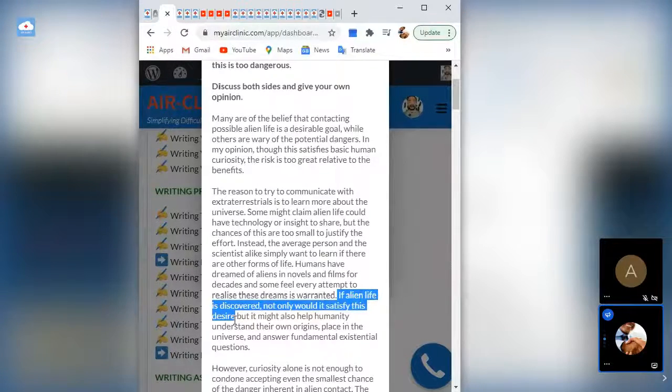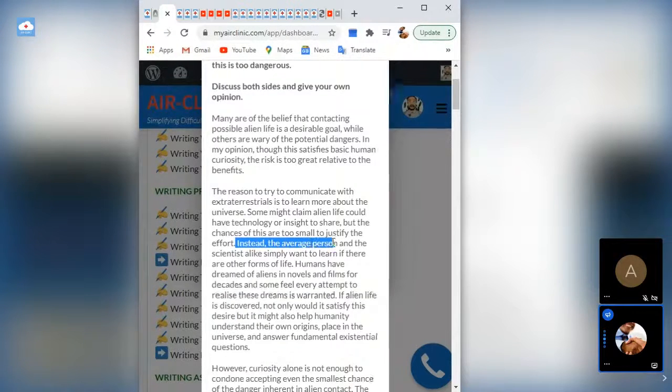And then, when you write your topic sentence, okay, the first sentence is about trying to state the advantage. Then the next one will be about expanding it, like giving an example. For example, here he said, instead, the average person and the scientists alike simply want to learn if there are other life forms. So he's just expatiating on the topic sentence that he has stated here.